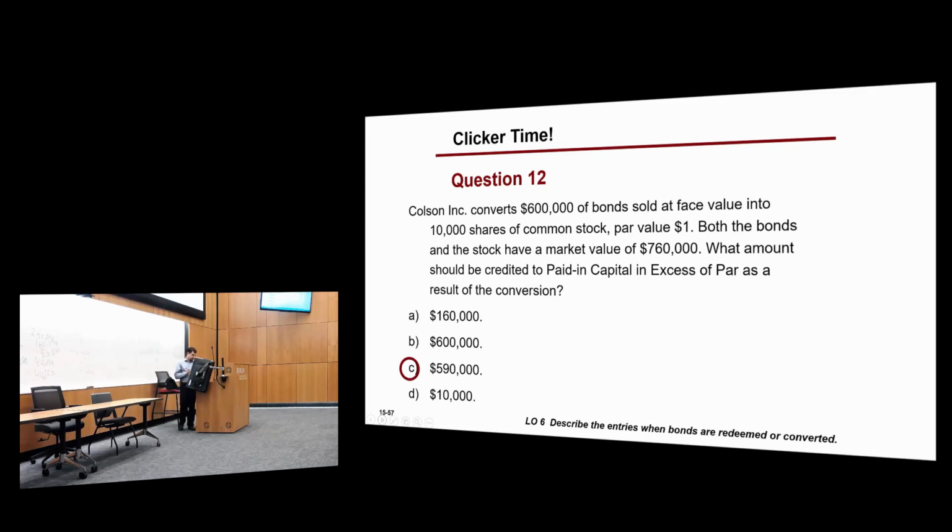What we have here is the company converted 600,000 bonds sold at face value into 10,000 shares of common stock, par value $1. So the company will debit bonds payable 600,000. The company will also credit what?